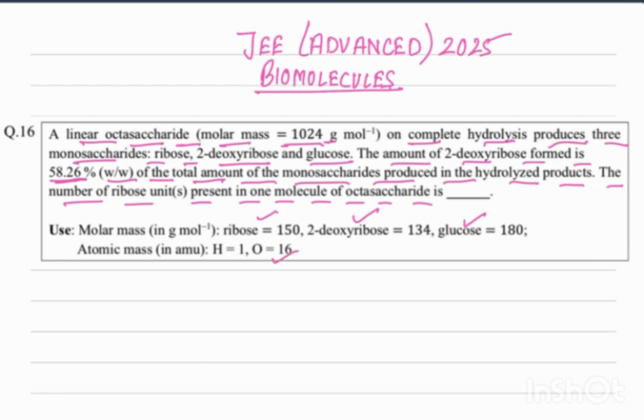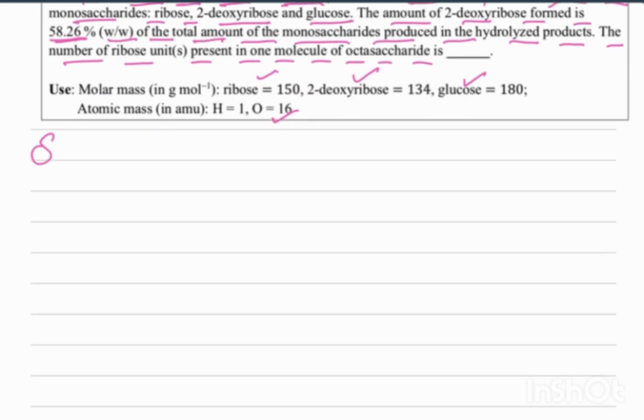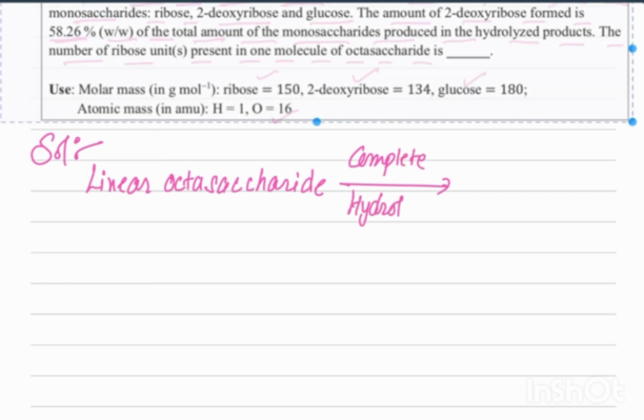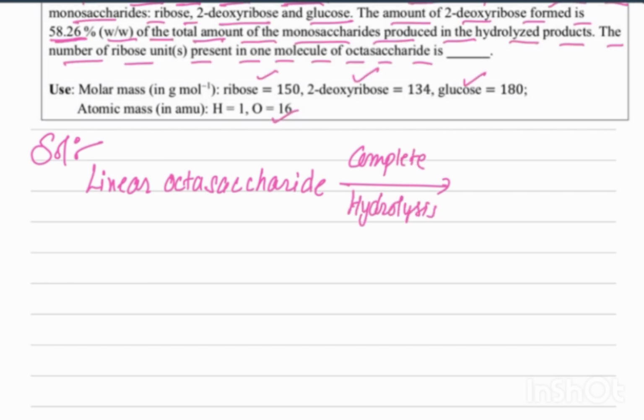So how to do this question? Let us start with the framework. What has been asked is the linear octasaccharide, and this linear octasaccharide is completely hydrolyzed. After doing the complete hydrolysis, what we will get?